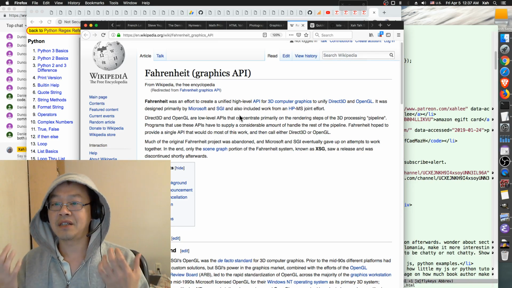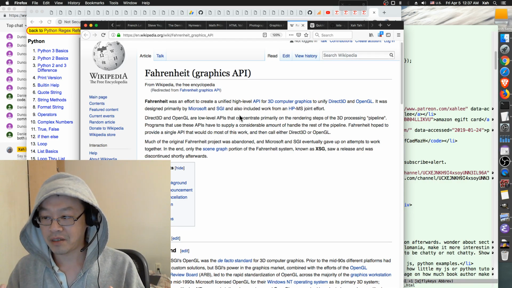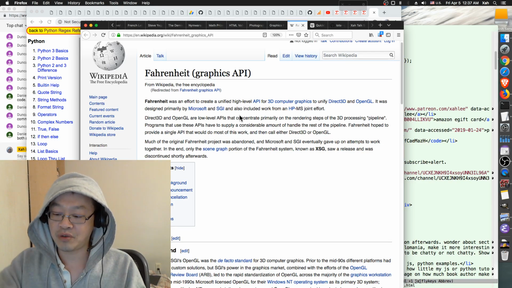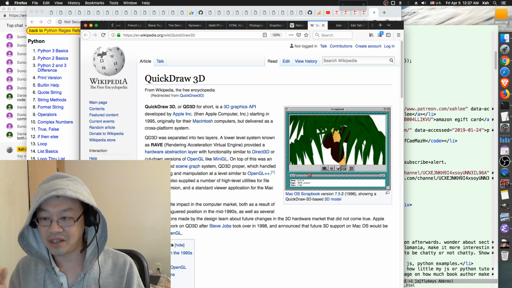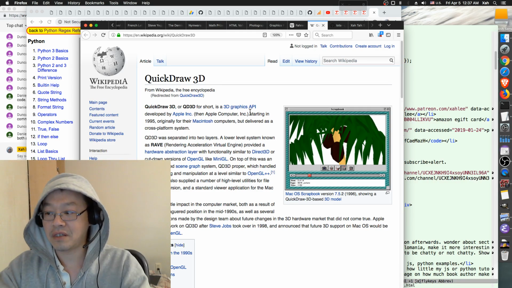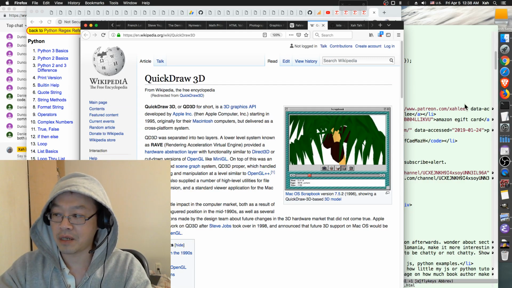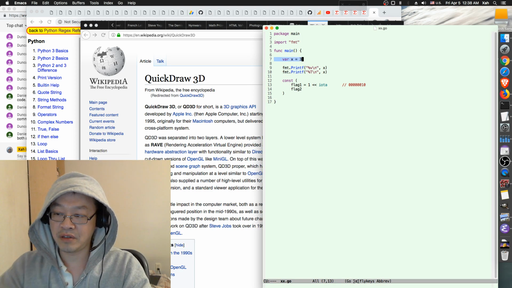So I was giving an example where something the machine can figure out. I was talking about the Fahrenheit and QuickDraw, OpenGL stuff, and I was giving an example of type inference in Golang. That's how we came to this topic. Type inference in Golang, where you see an example.